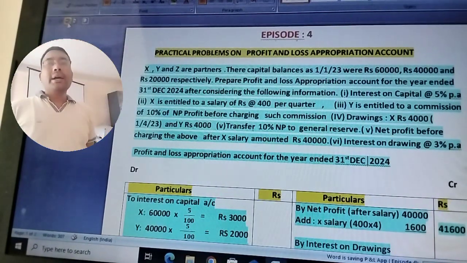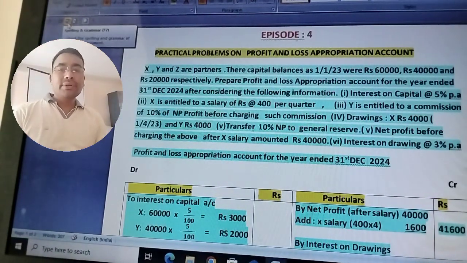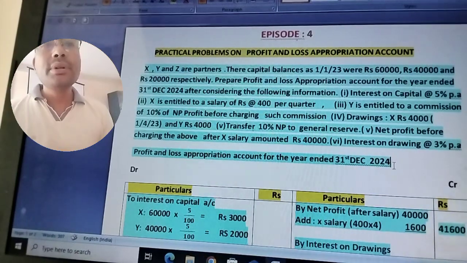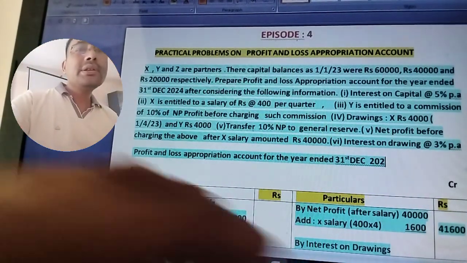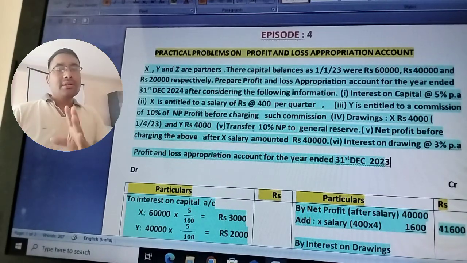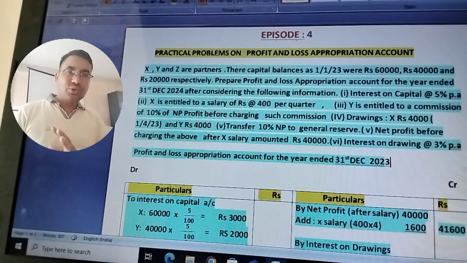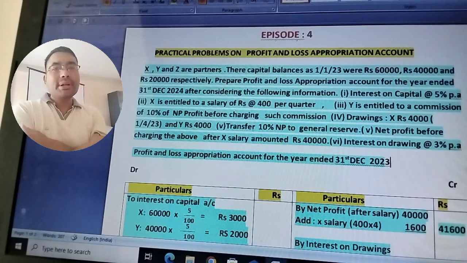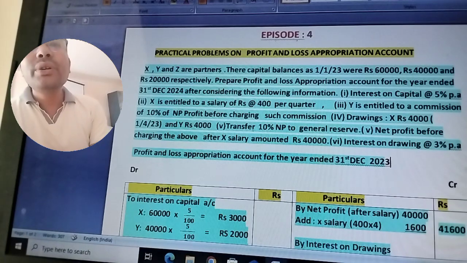As the capital balance is given on 1st January 2023, definitely the accounting year will end on 31st December 23. I'm really sorry for this. As I'm using the same question, I'm just changing certain items while preparing episodes 1, 2, and 3. Because of that, I'm committing some mistakes, but I have rectified. Nothing to worry about at all.